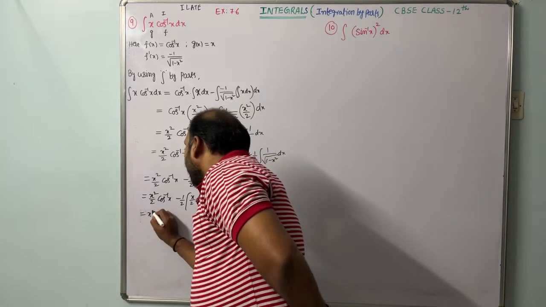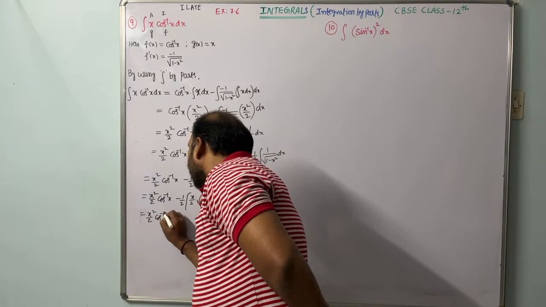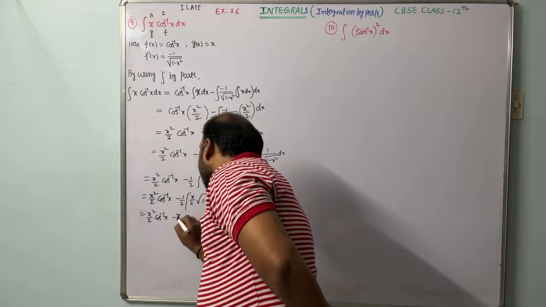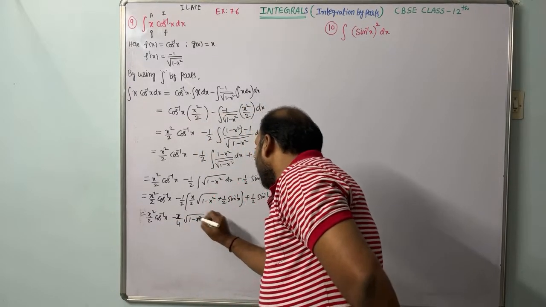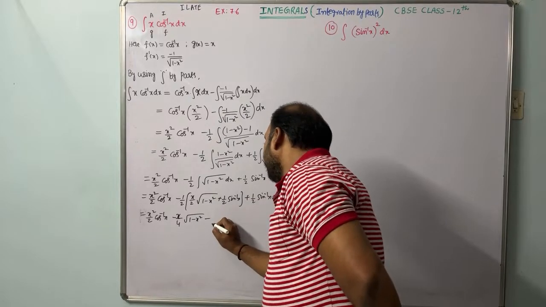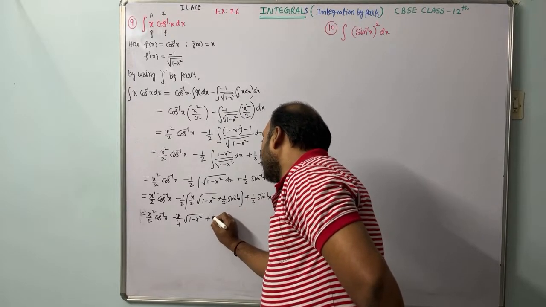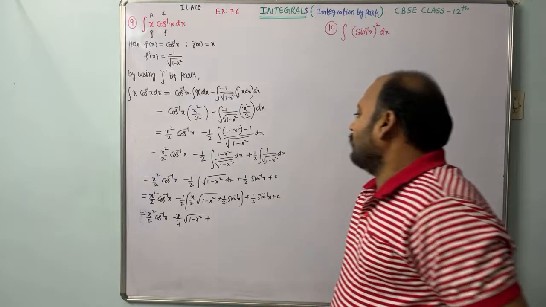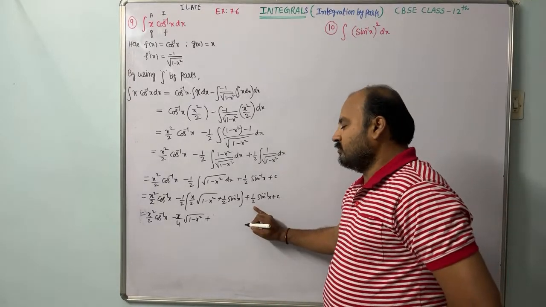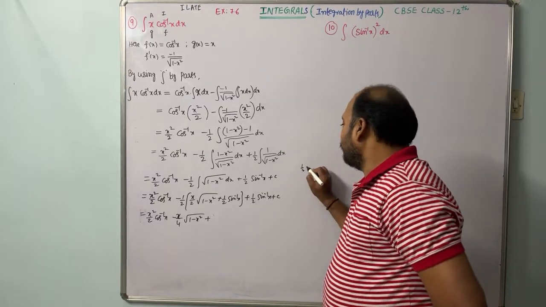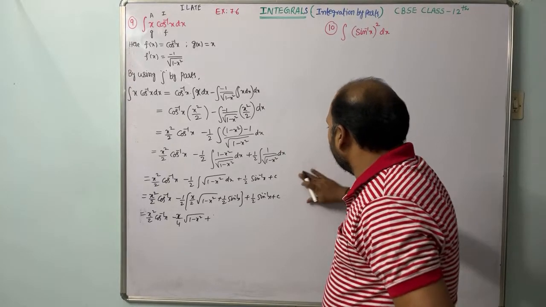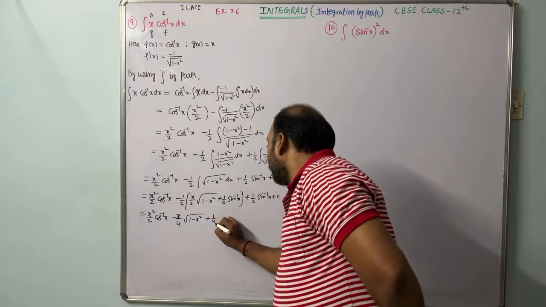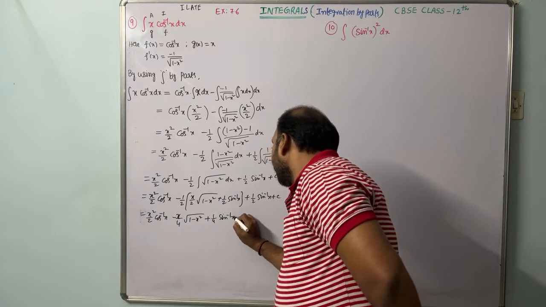So which is equal to x square by 2 into cos inverse x minus x by 4 root of 1 minus x square minus 1 by 4 plus 1 by 2. So minus plus 1 by 4, why? Because of the plus 1 by 2 now: 1 by 2 minus 1 by 4 will be 1 by 4 only, dear students. So 1 by 4 sin inverse x plus c.